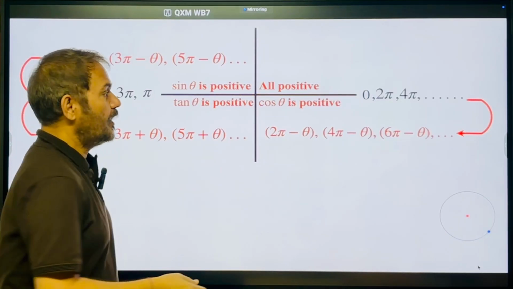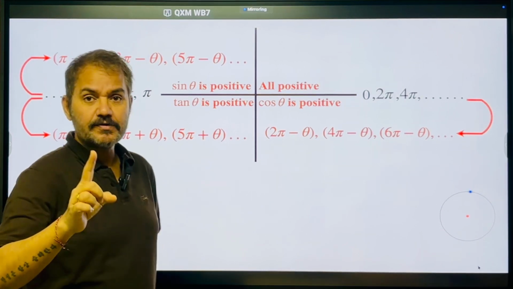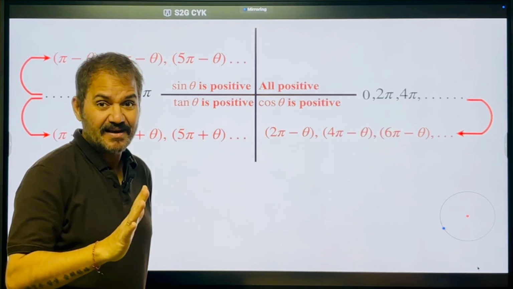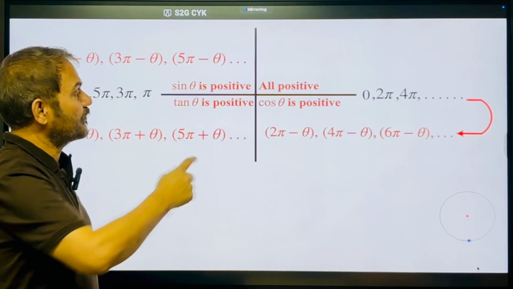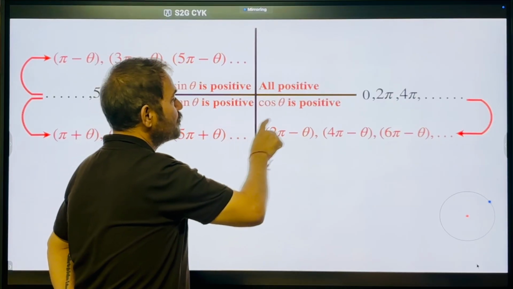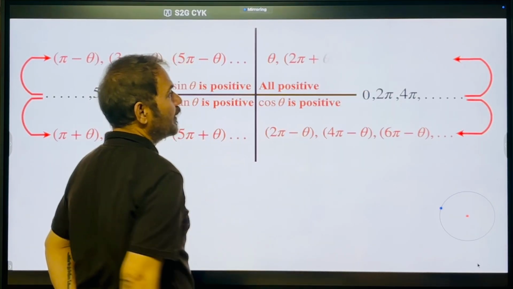And when you go back to the first quadrant, we are assuming the first value is the calculator value, which is an acute angle. Practically, for any angle you have, we will follow the same rule. So the next value is going to be 2 pi plus that value, then 4 pi plus that value, and so on.